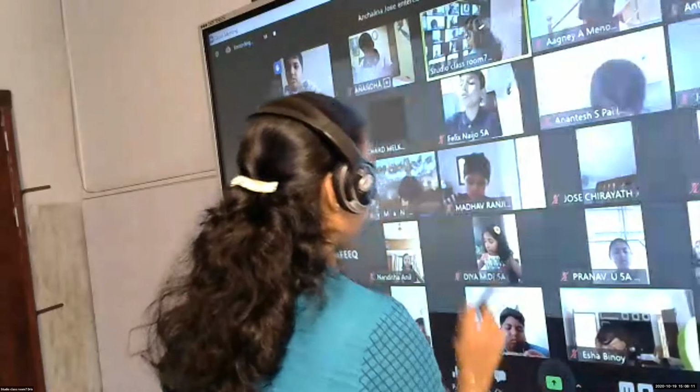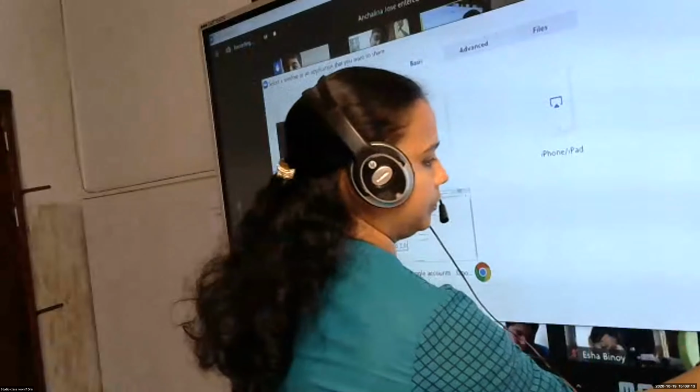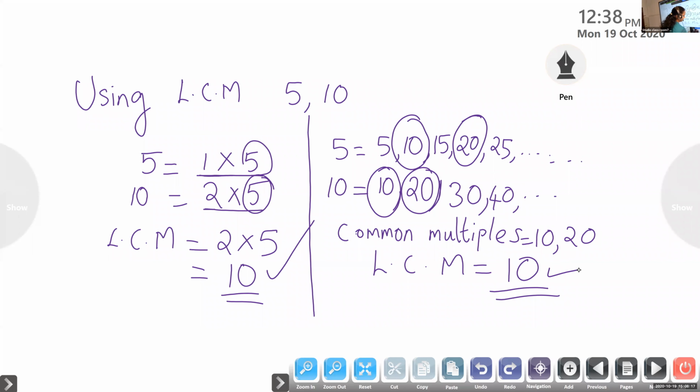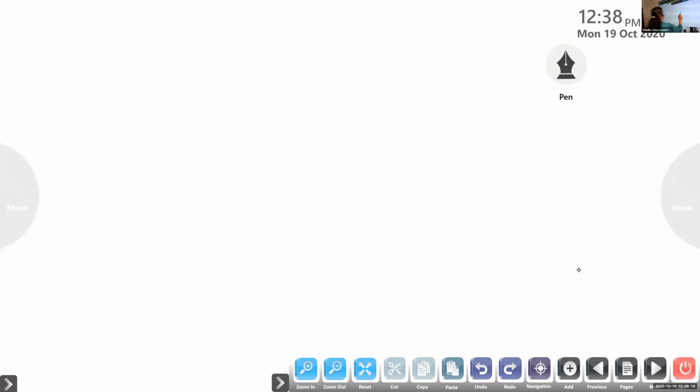15 and 18. So find the LCM of 15 and 18 using the prime factorization method.